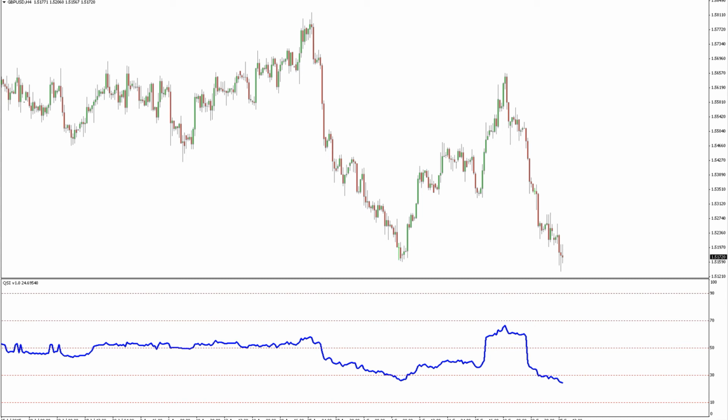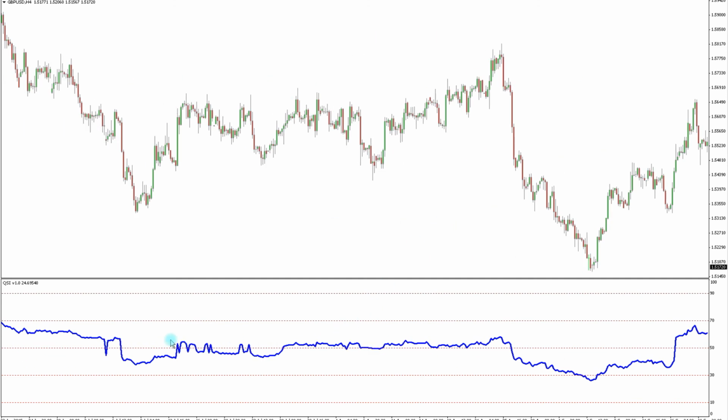If they're strong, then we don't go against the trend, and maybe we go with the trend. But if they're mixed, and this happens often, we can start considering entering against the trend. See here, also interesting, a period of stagnation where we basically are going nowhere, and the QSI is sitting very close to 50.